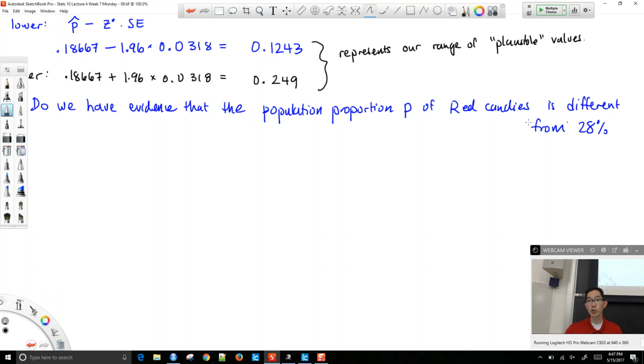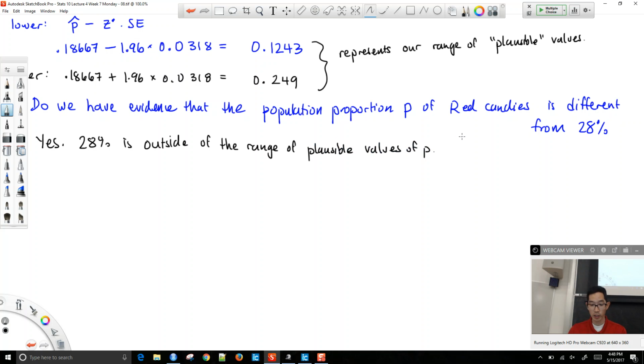Okay, so is 28% within my range of plausible values? It is not. So our answer here is yes. 28% is outside of the range of plausible values of P. And therefore we would say we do have evidence.